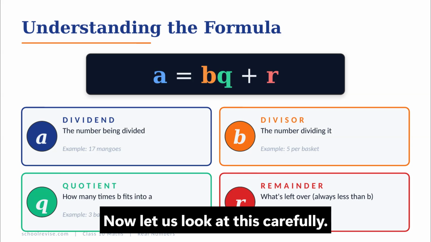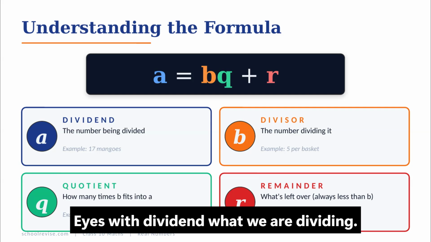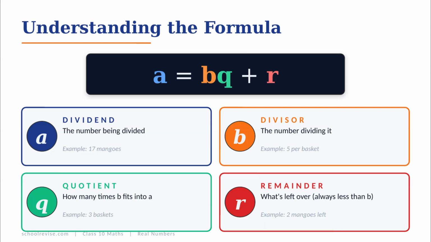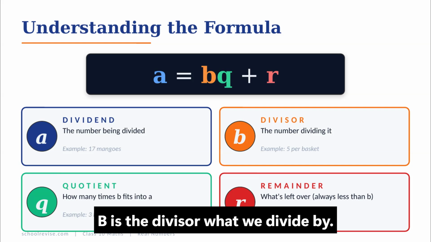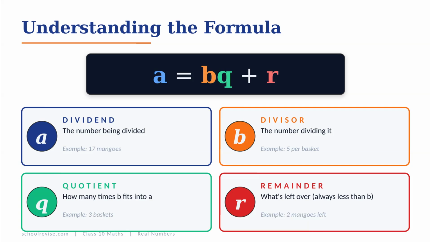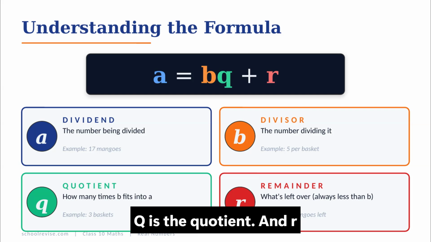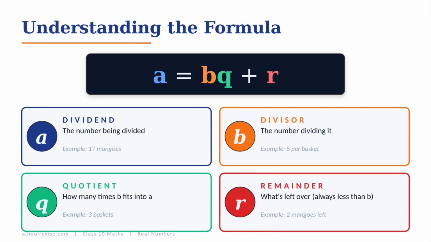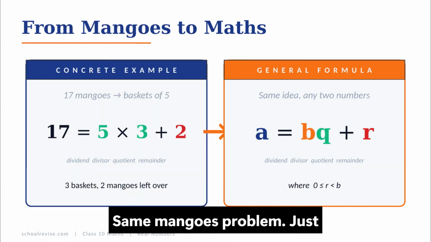Now let us look at this carefully. a is the dividend, what we are dividing. b is the divisor, what we divide by. q is the quotient, and r is the remainder. See? Same mangoes problem, just dressed up in formal language.